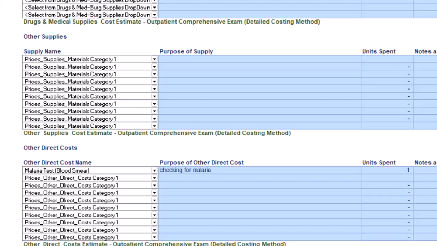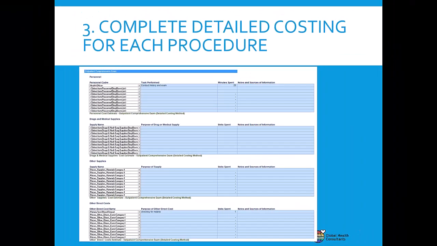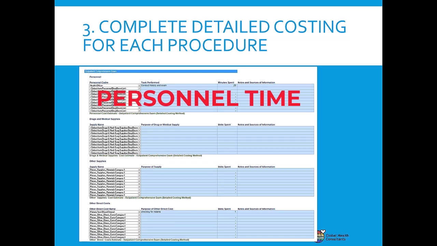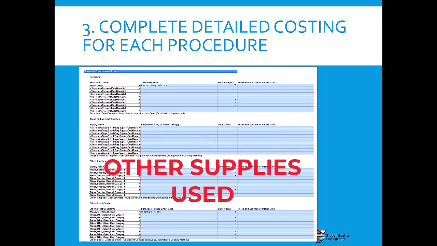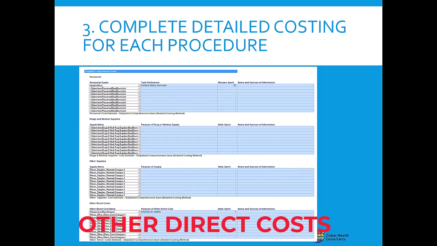So you'll do that for each one of the procedures, and that should be coming from the in-depth interviews that you've done with the health personnel who have told you what personnel are being used for each procedure and how much time is spent, what drugs and medical supplies are being used for that procedure, and the purpose of it, and the number of units spent, and any other supplies that are also used, their purpose, and the units spent, and other direct costs, the purpose of them, and the units spent.